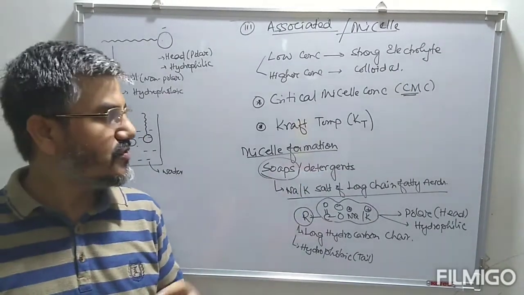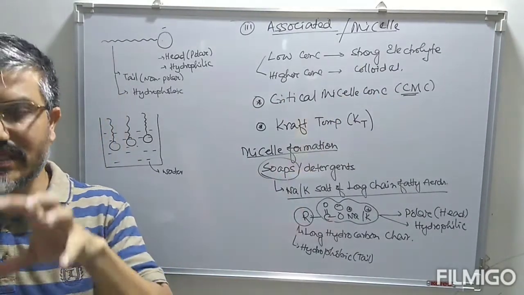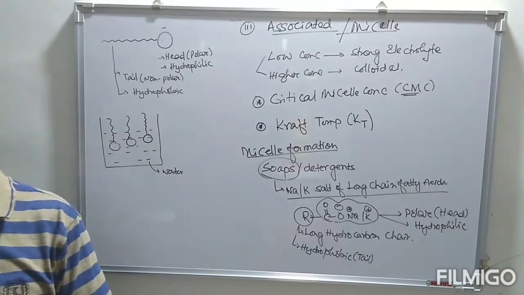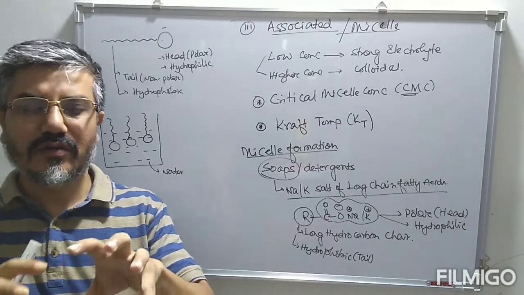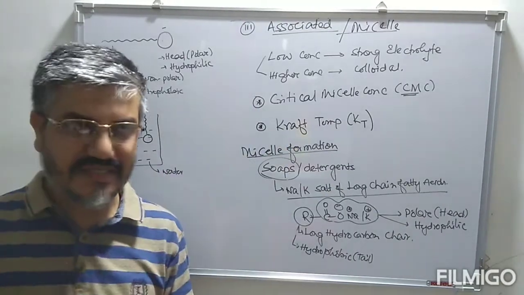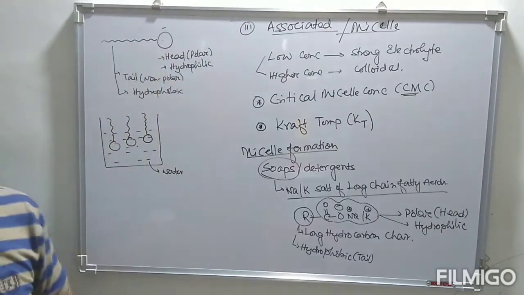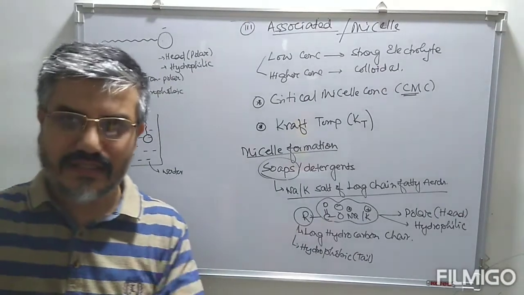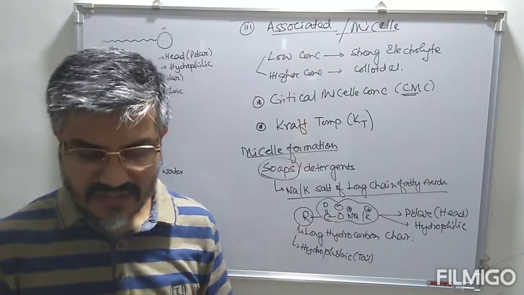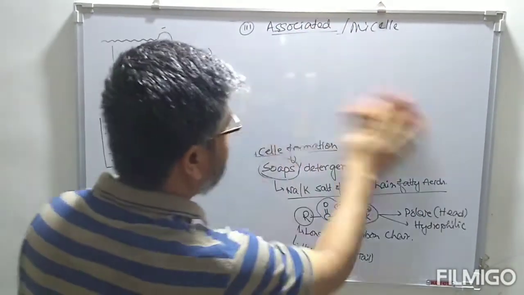At a certain concentration known as CMC, the hydrophilic part forms a spherical shape that remains inside the bulk, and the hydrophobic part is pointed inside the sphere. That particular spherical formation is what we call a micelle.